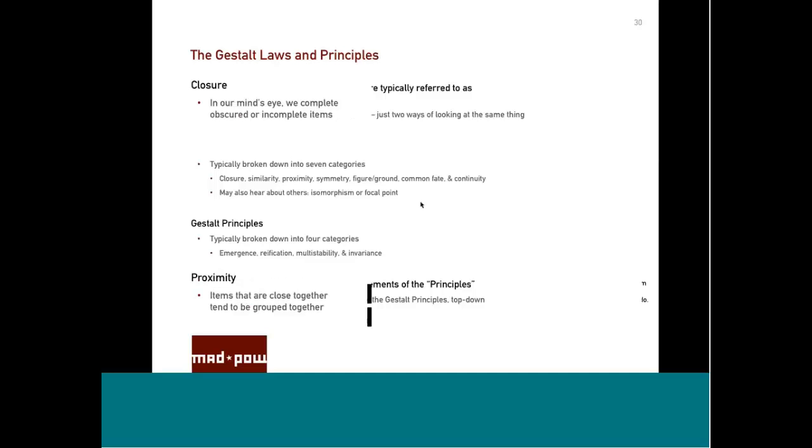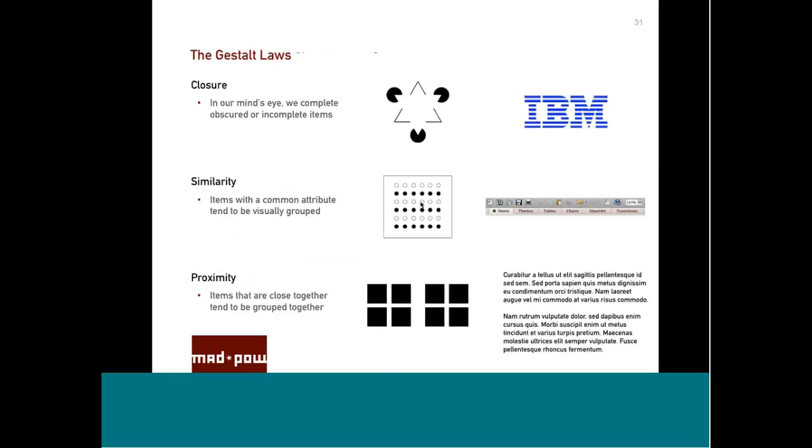So very quickly, the first three Gestalt laws: closure, similarity, and proximity. If you look at the examples on the right side, for closure, in our mind's eye we can see that upside down triangle based on the other information available. Same with the IBM logo. We don't need to have those lines filled in. Our mind fills them in. Same with similarity.